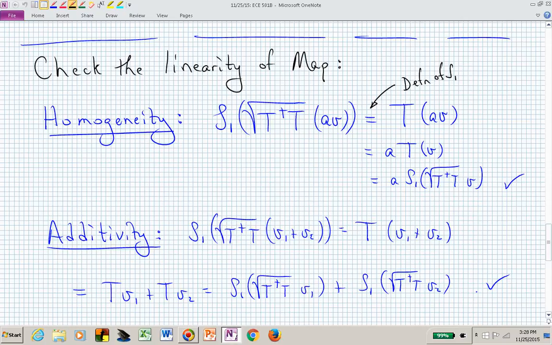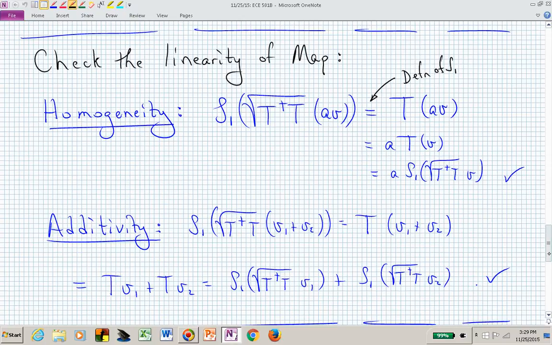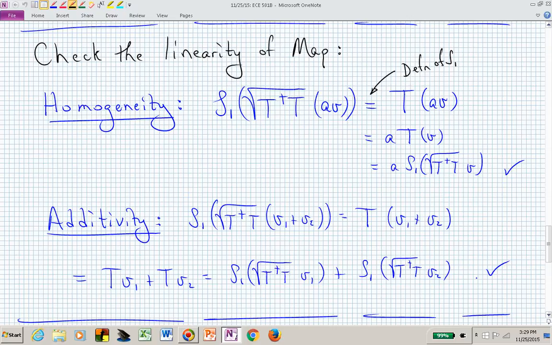S1 is defined to map the square root of T dagger T applied to a vector, or any vector u, into T of that arbitrary vector u. Here we're writing that vector u as AV. The homogeneity property of our original map T allows us to pull out the A, and then reusing the definition of that isometry S1, or how we defined it, we can see that in fact we do have a map that satisfies the homogeneity property.